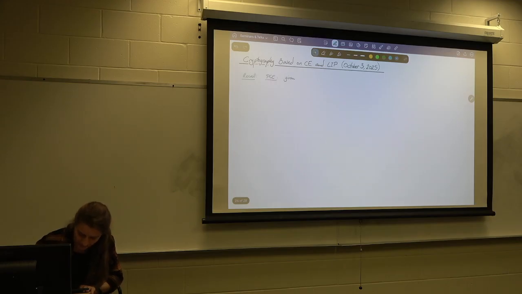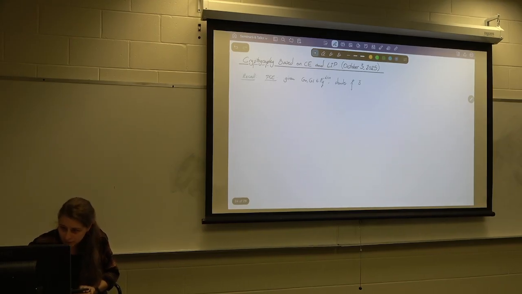This says if I'm given code generators G0 and G1 over a finite field F_q, your goal is to decide if there is a way to permute the coordinates of G0 to get G1. So this means, can I find an invertible matrix S and then a permutation matrix P such that S times G0 times P is G1, right?